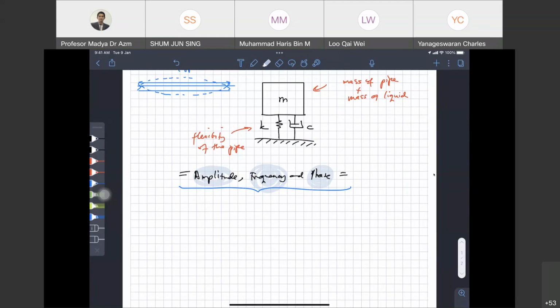So here, it's only the very basic of the theory about amplitude of vibrations.